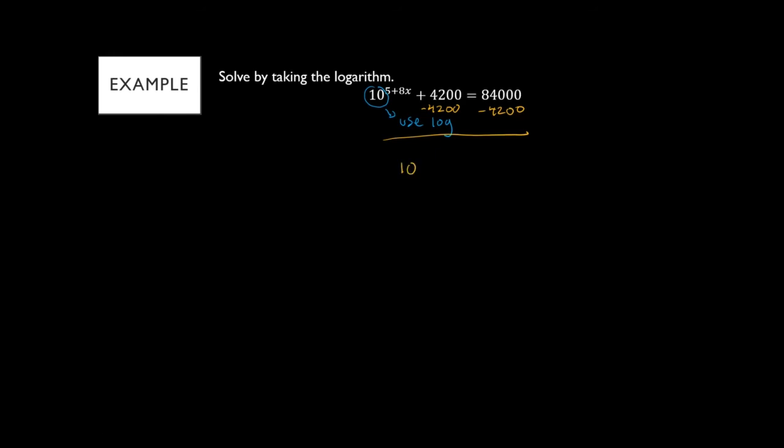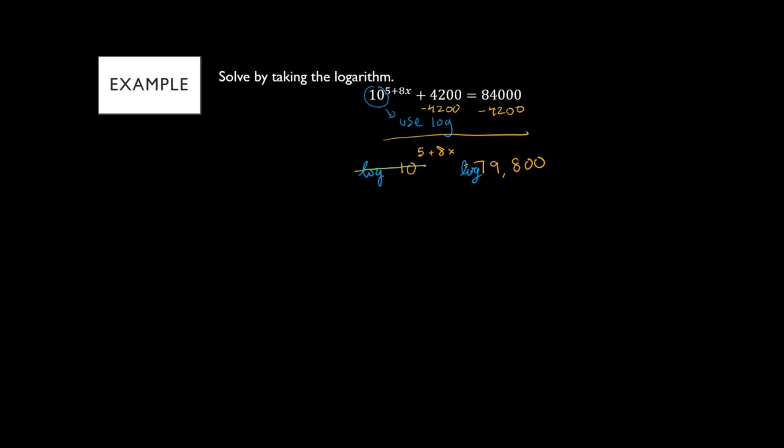So we're going to get 10 to the 5 plus 8x equals 79,800. And now we're going to take the log of both sides. Sometimes what I do is instead of rewriting it, I will just write it in front to squeeze it in. And then the log cancels out that 10, because the log base 10 of 10 is just 1.